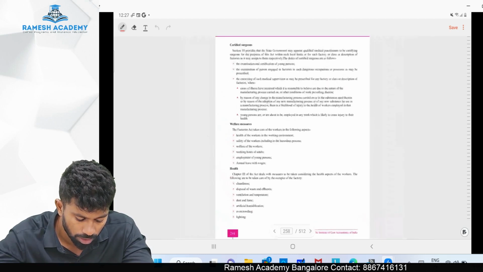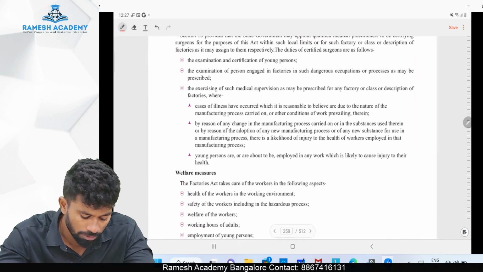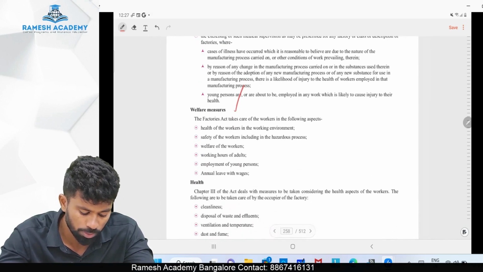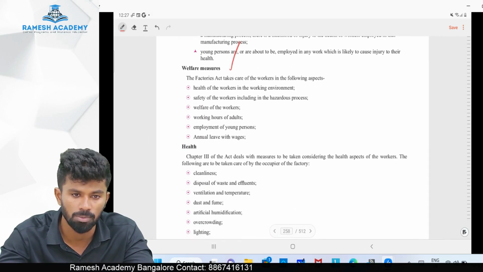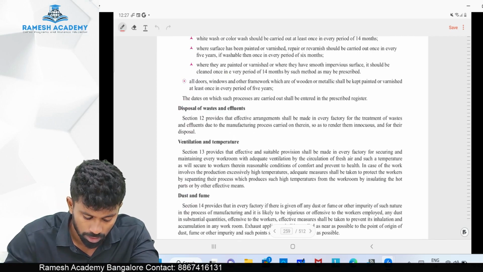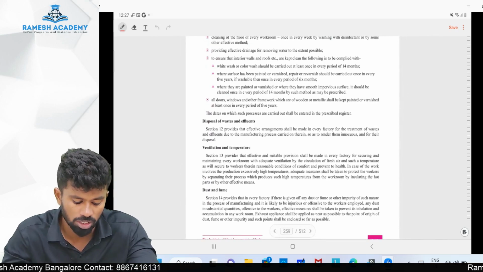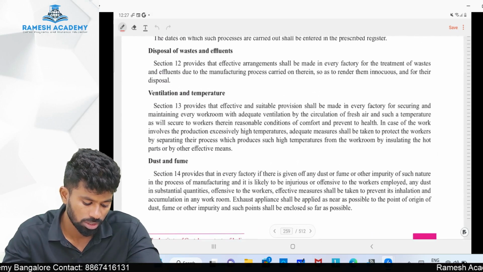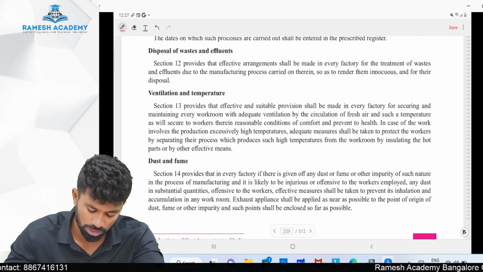We discussed that. Then have I discussed certified surgeon concept? Yes. Welfare measures have I discussed? Welfare measures to be taken by the employer. Health measures we discussed. Then cleanliness, disposal of waste and effluents, ventilation, dust and fume, we discussed these things.